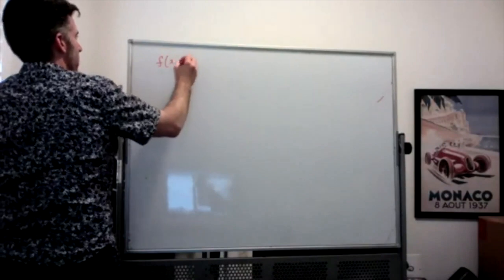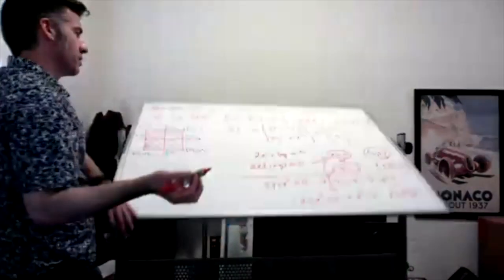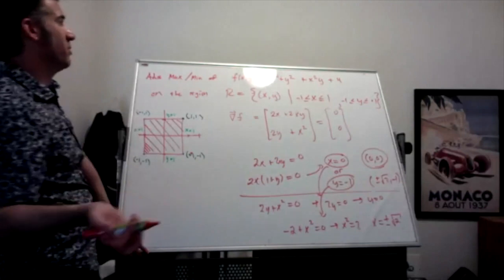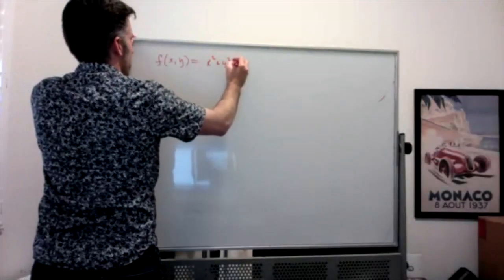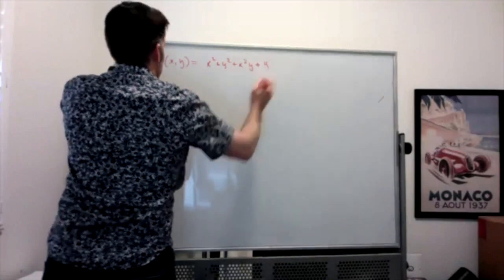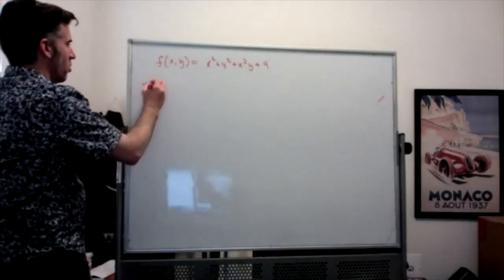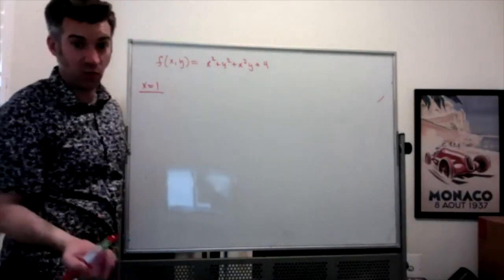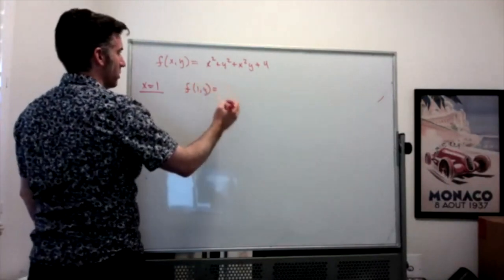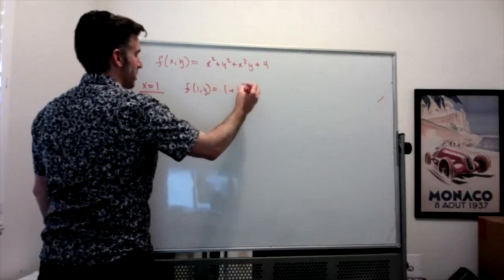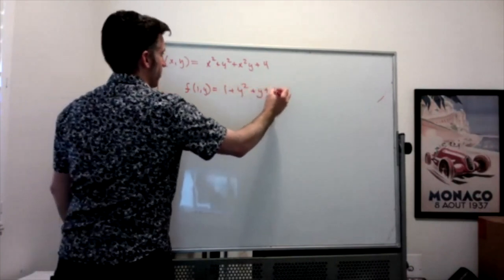So again, here's our function, f of x, y equal to x squared plus y squared plus x squared y plus 4. So let's look at the wall x equal to 1. I'm going to plug in 1 for x. So f of (1, y) equals 1 plus y squared plus y plus 4.